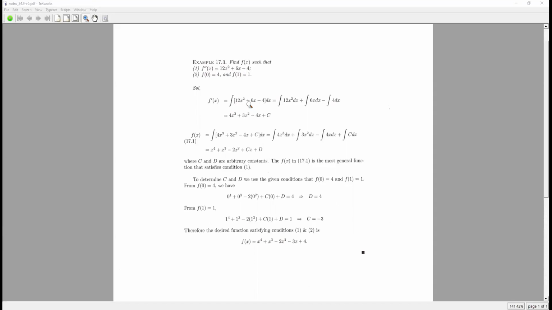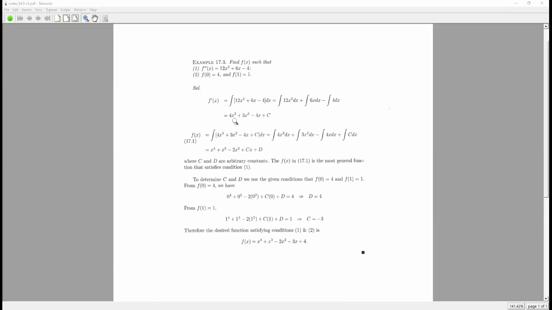Now, by the summation and subtraction formulas, I can split this integral into 3 smaller integrals. It's easy to find the antiderivative for each of these 3 integrals. 12x squared antiderivative is 4x to the third. It's easy to verify this.